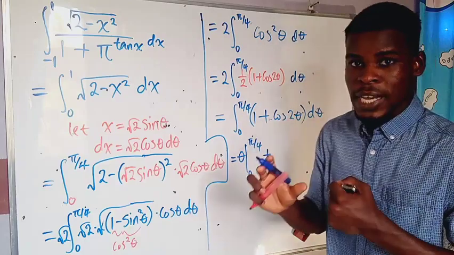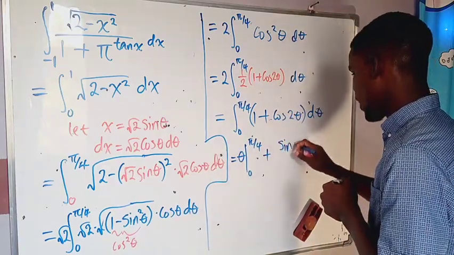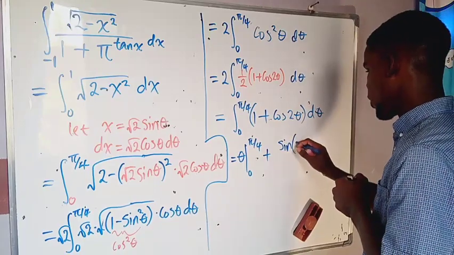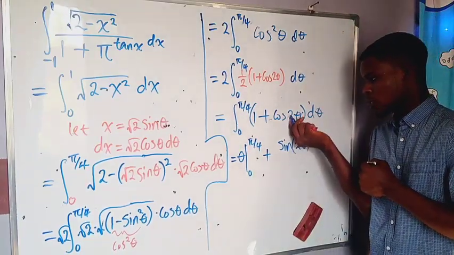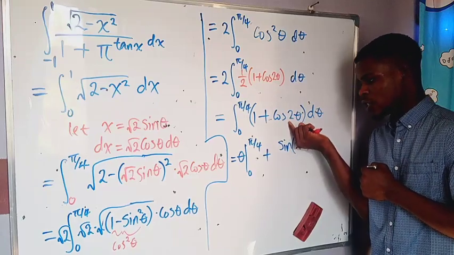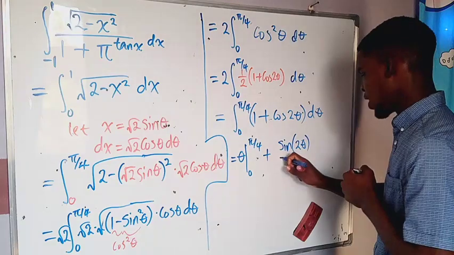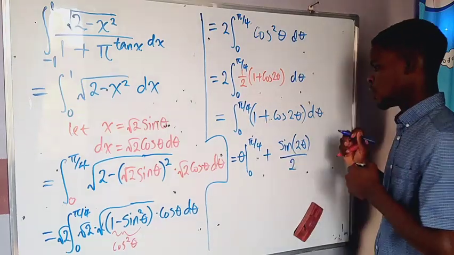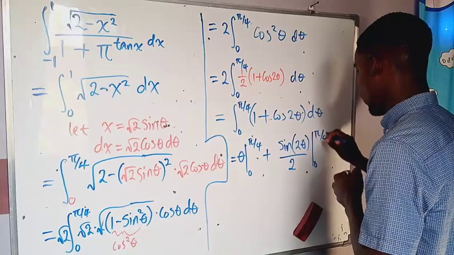The integral of cosine is positive sine. We maintain the same angle, but here it is a little different, because this is 2 theta. If we are differentiating, we multiply by the coefficient of theta, but since we are integrating, we divide by the coefficient of theta. Very nice. And don't forget, from 0 to pi over 4.